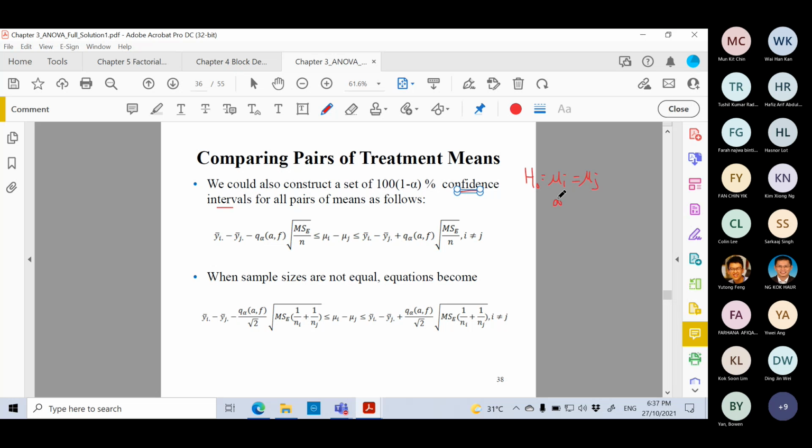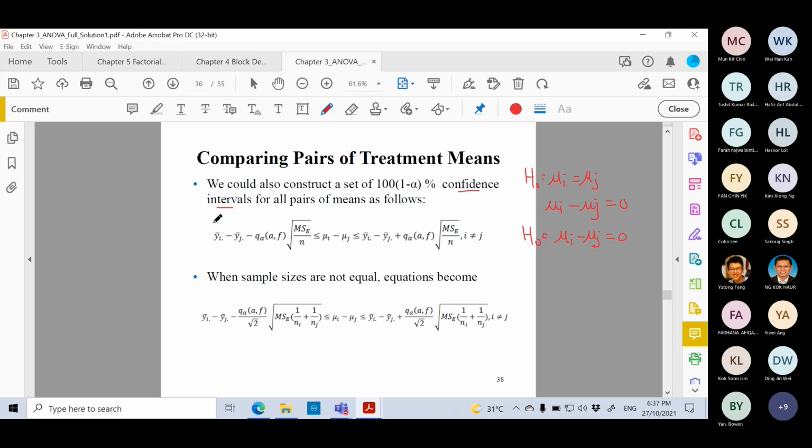Under H naught, we can write it as mu i minus mu j equal to 0, or just say the means are equal, or their difference is equal to 0.